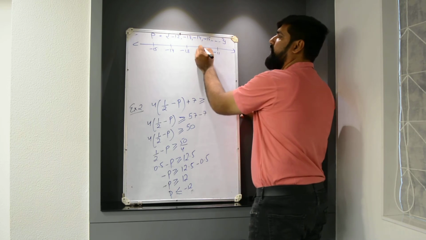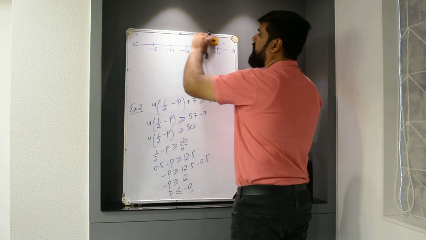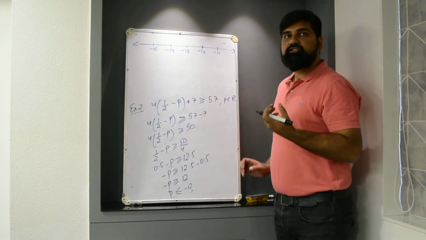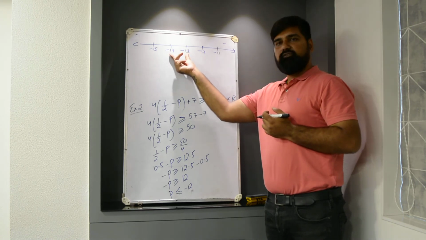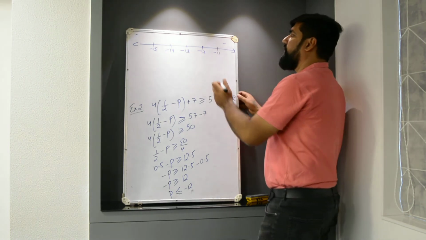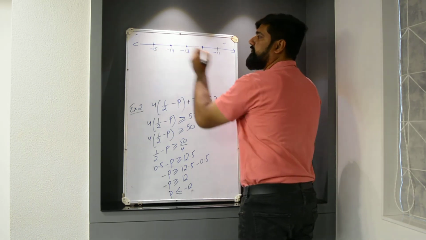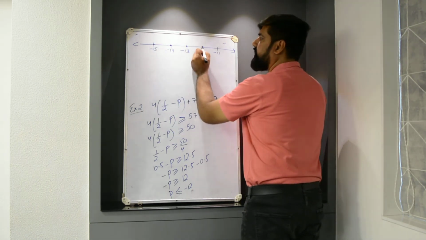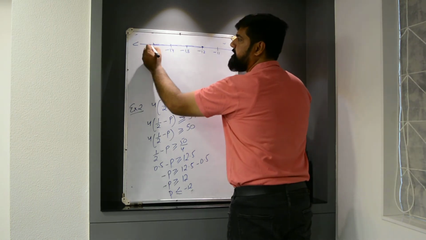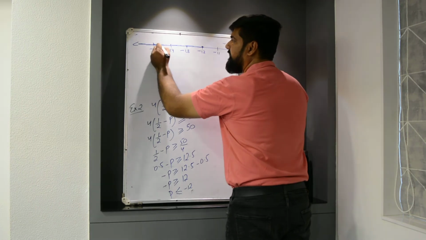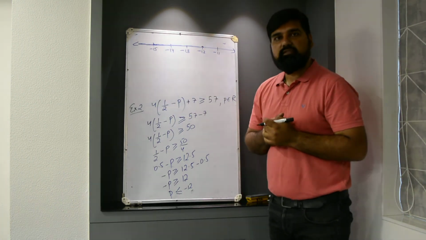So we need to include, but this is not the exact solution, sorry, because it will include all the digits which are also included between minus 12, minus 13, minus 14, minus 15. So what we'll do is, we will first highlight all the digits, and we also have to highlight the line in between, because these are our solution sets.